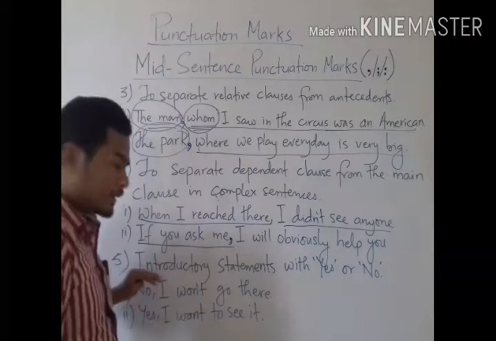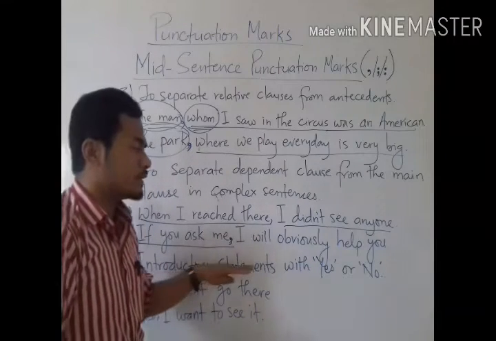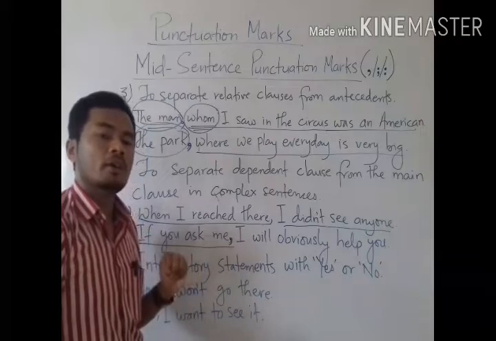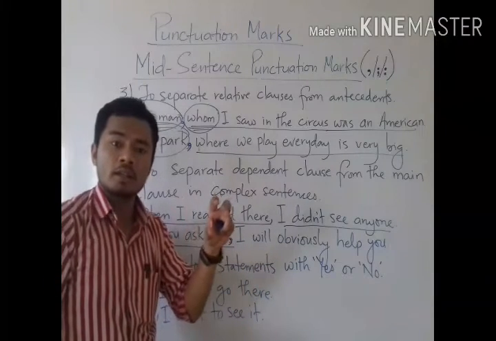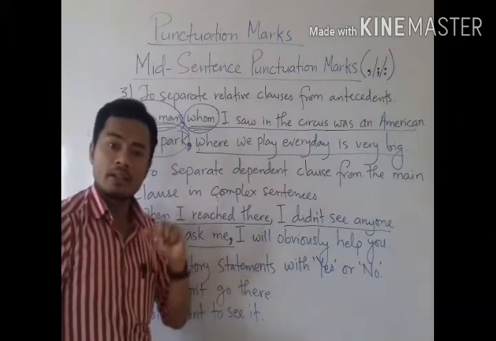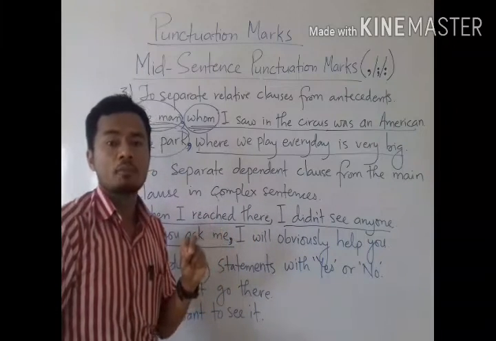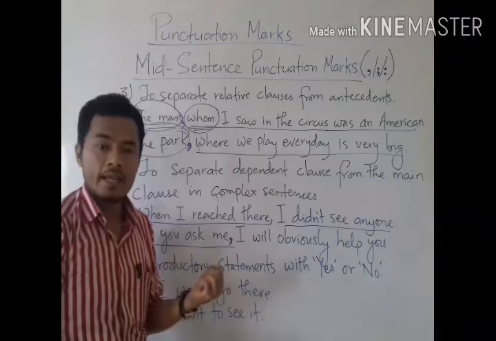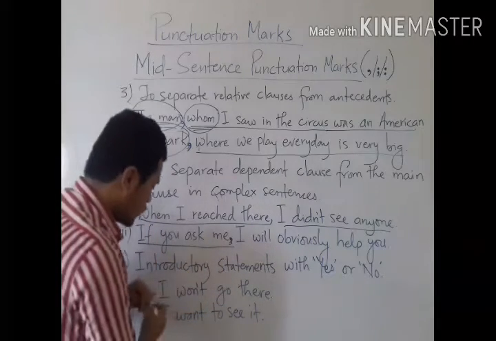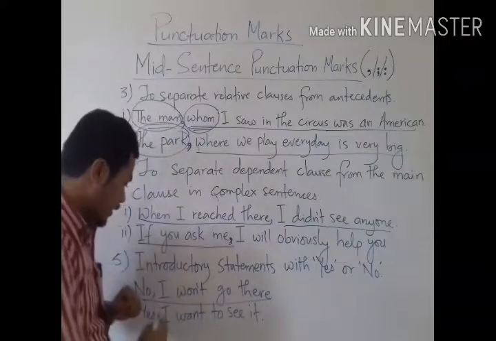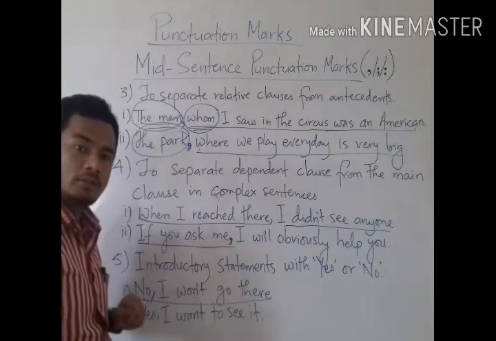See here another condition. Introductory statements with yes or no. Whenever we give any statement by using the introductory word yes or no, then also after yes and no we have to put comma. Like here, no, I won't go there. See here, after no I have put comma.